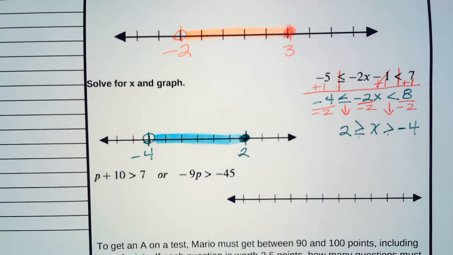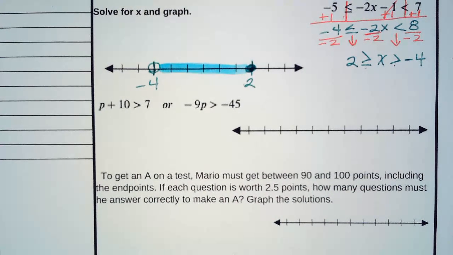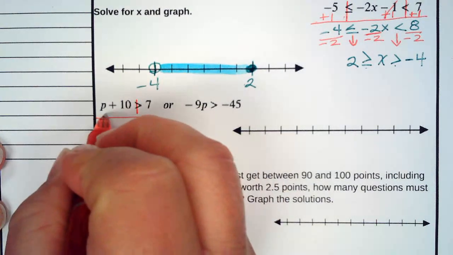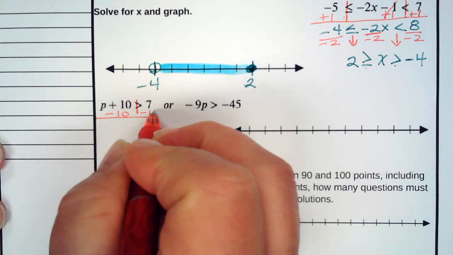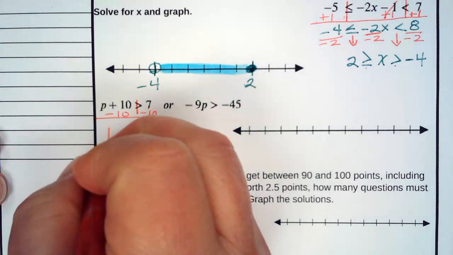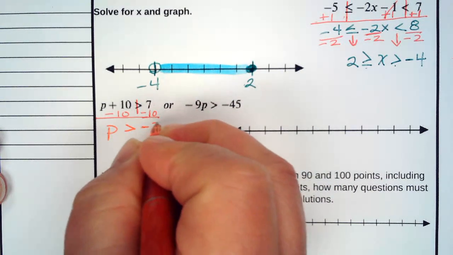Okay, pause the video and see if you can solve these 2 equations. Can you solve for x? Pause the video and find out. Oh, I hope you tried. So if I'm looking here, I'm going to subtract 10 from both sides. And P is greater than 7 minus 10 is -3.